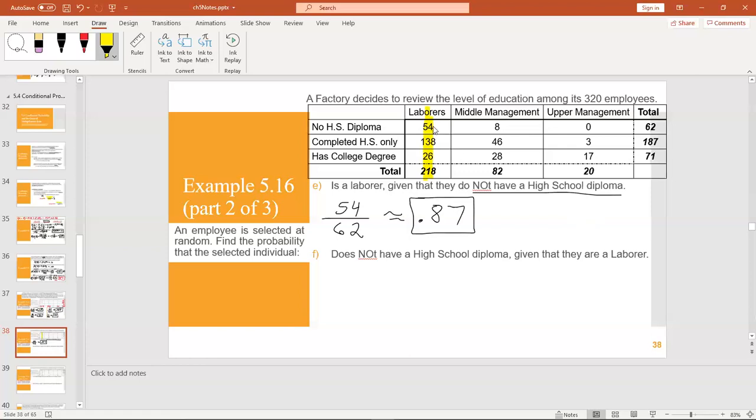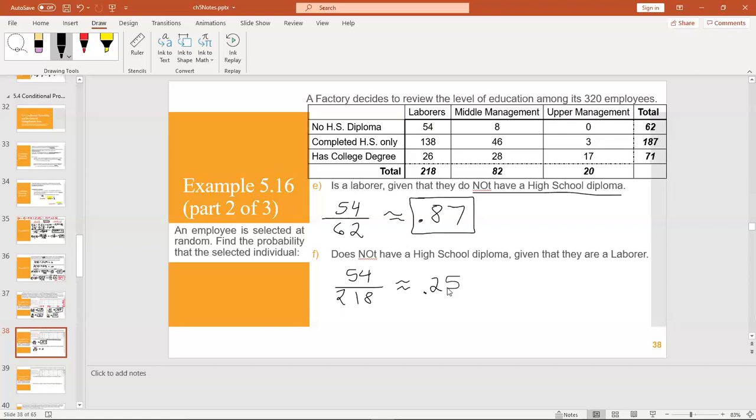Well, that's 54 who don't have a diploma out of 218 laborers. 54 divided by 218 is approximately 0.25 if you round it off.